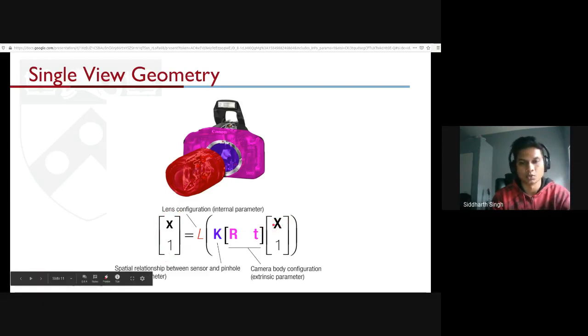Essentially, X is a point in the world, and this small x is a point in the image, right? So we'll talk about these components, K, R, and T. L is more or less a lens also, so its properties will be similar to the focal length, the distortion coefficients, and other things which the intrinsic camera parameters also have.